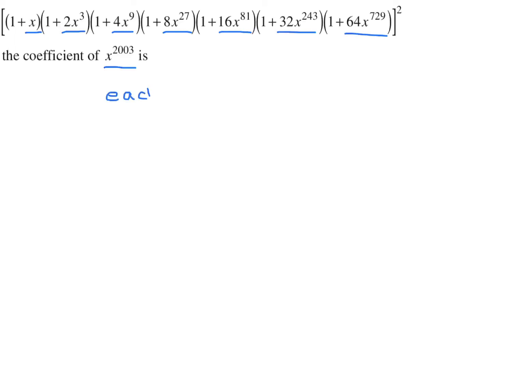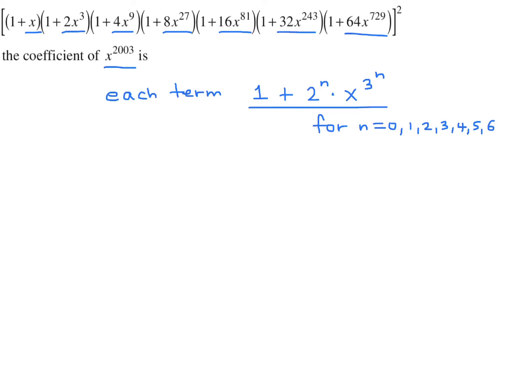And that pattern leads me to this conclusion that each term is basically of the form 1 plus 2 to the power of n times x to the power of 3 to the n for the following n's: 0, 1, 2, 3, 4, 5, and 6. So for each of these values of n, if you plug it in to that, you'll get one of these terms.